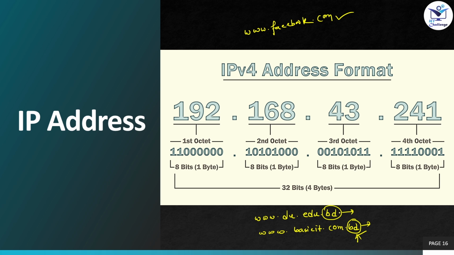So for different countries they have different country domains, or domain country codes. You can also use these kinds of domains after buying them from the government, and those domains have their own or personal internet domain providers. So this is all about IPv4 and IP address.